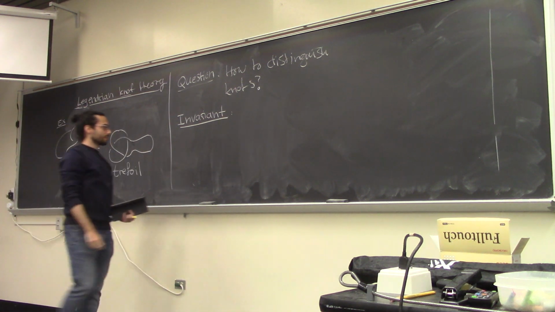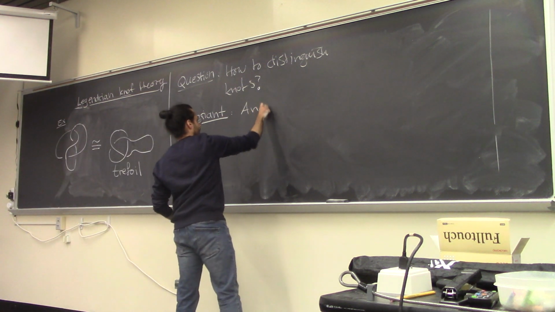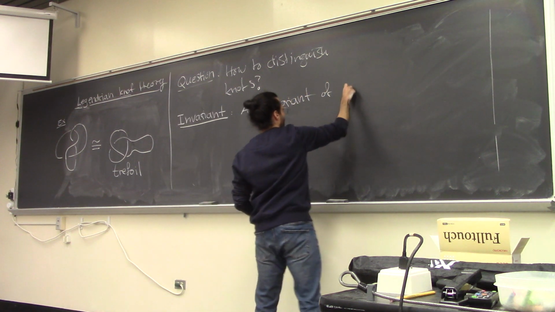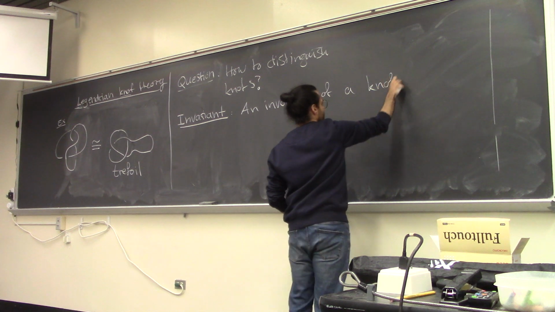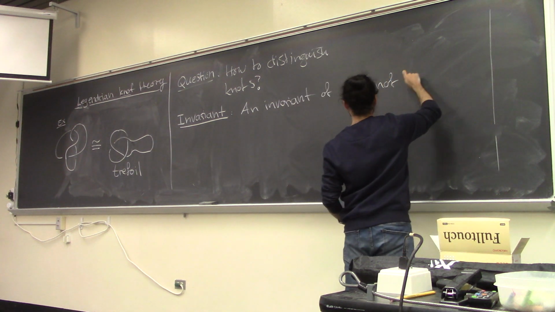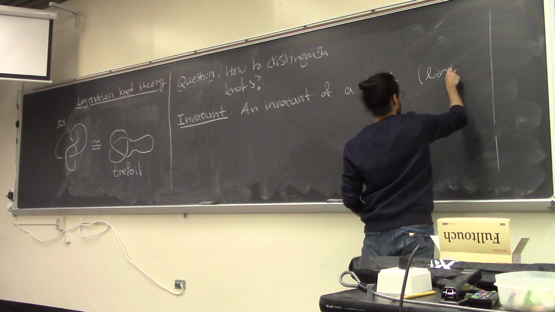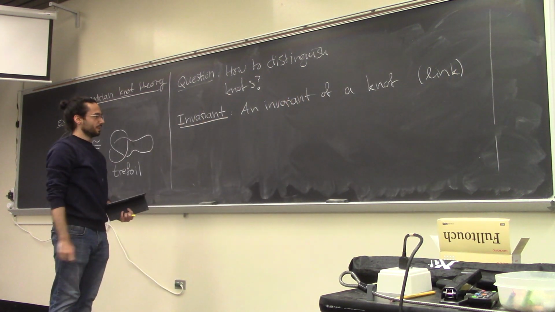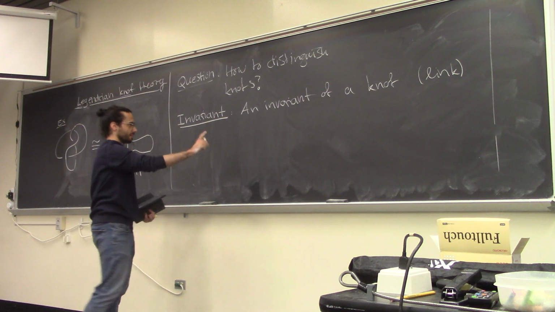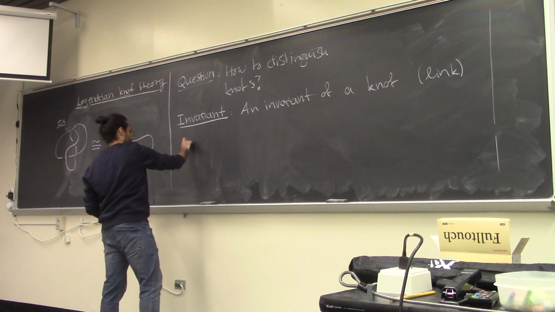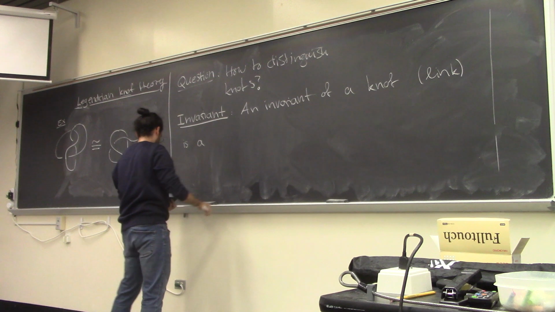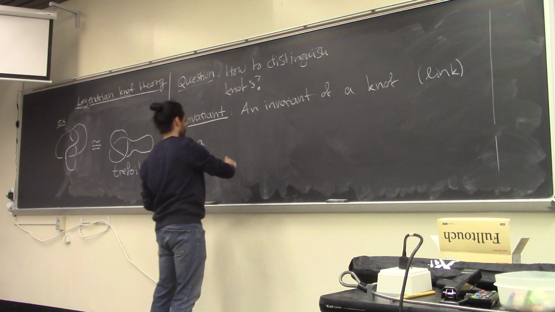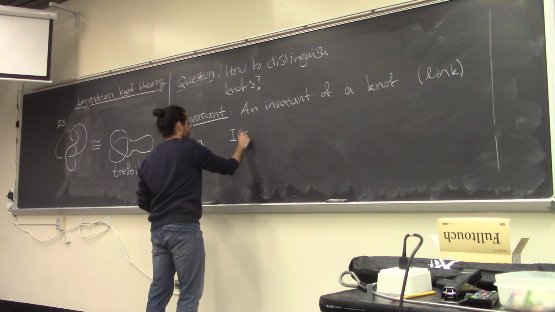So an invariant of a knot. I realize I've said knots a lot, but I didn't say links. But whenever I say knot, I could as well mean link. But anyway, an invariant of a knot is a, so let me give this a name first, I of K.